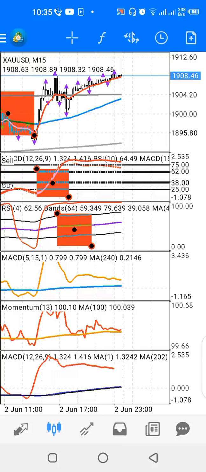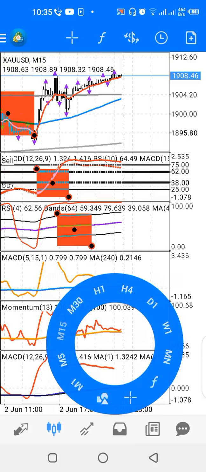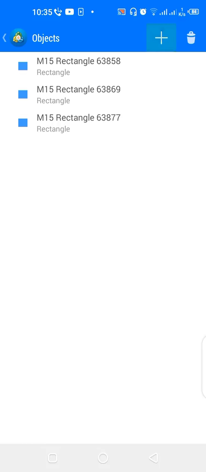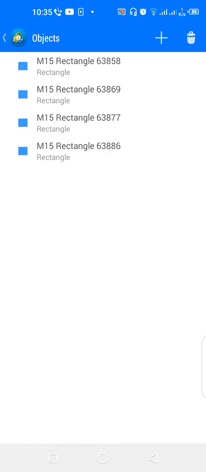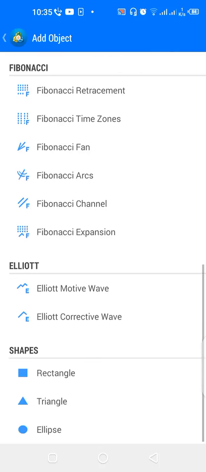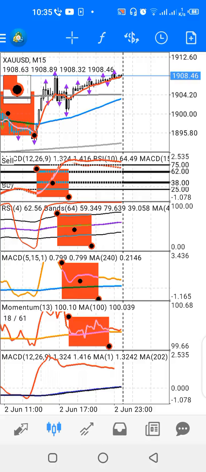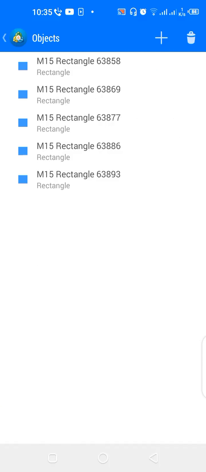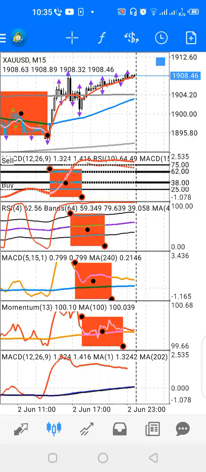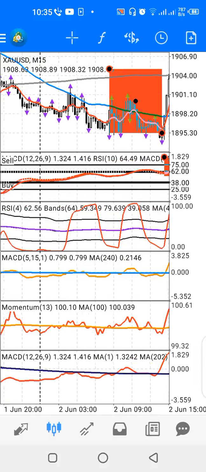This is indicator window 2. I have indicator window 3. This is indicator window 3. I have indicator window 4. This is indicator window 4. And I have the final indicator window 5. This is indicator window 5. So how does the strategy work?